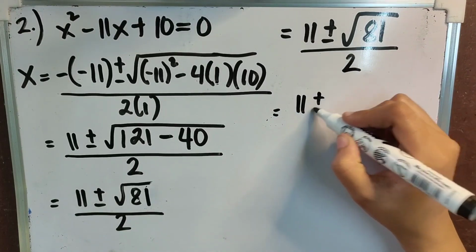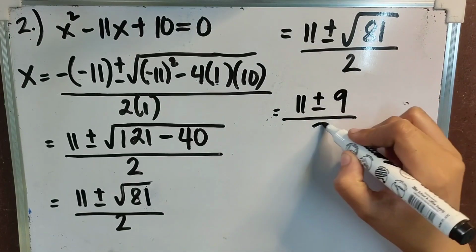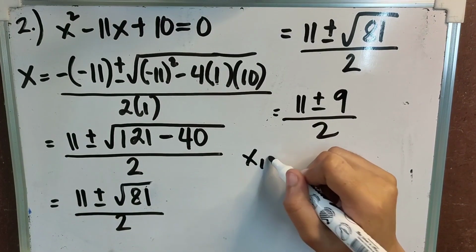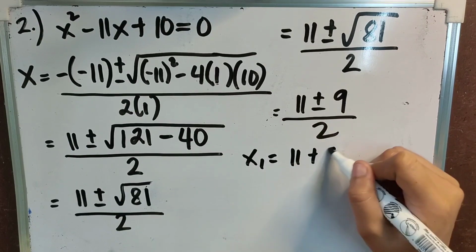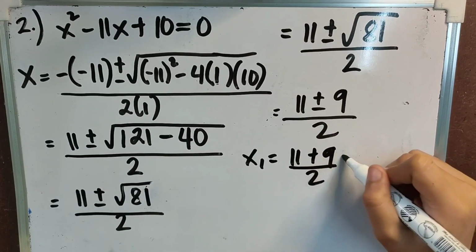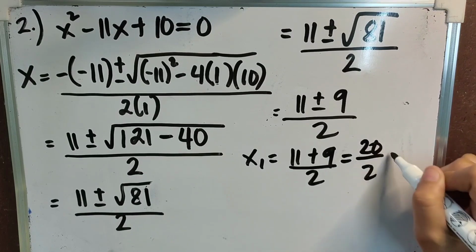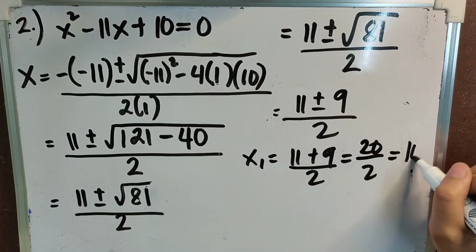We have 11 plus minus 9 over 2, since 81 is a perfect square. So your x sub 1 here is 11 plus 9 over 2. 11 plus 9 is 20 over 2. So your final answer is 10.